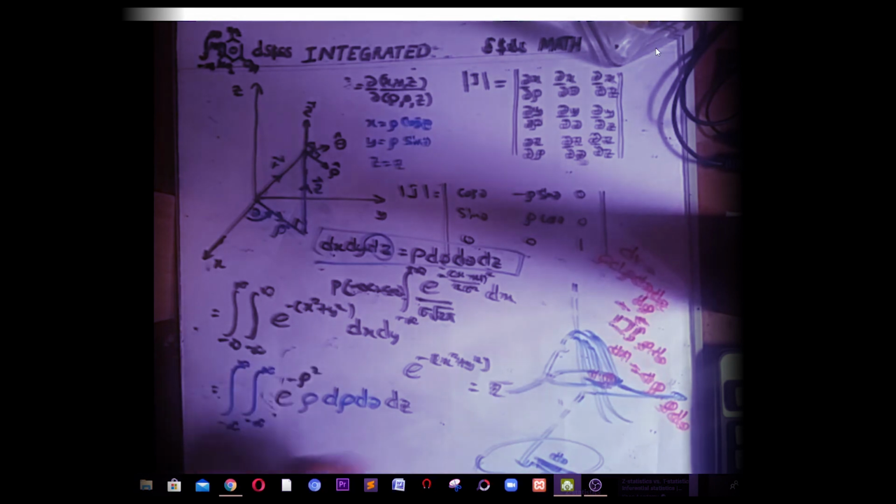How is it being vanished? You are able to evaluate the volume, take the square root of both sides, and you are able to evaluate the I. That's the area under the curve, under the normal distribution, under the Gaussian distribution. That's how we use the Jacobian, the determinant of the Jacobian matrix, for calculating the probability.